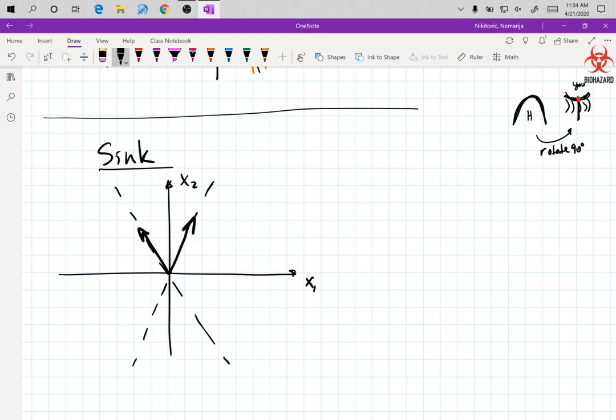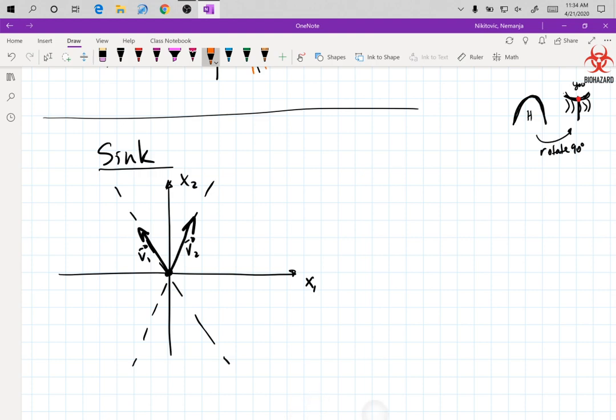Call them v1, v2, and now they are all going in from different directions.